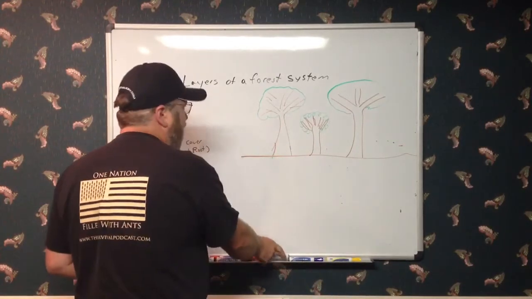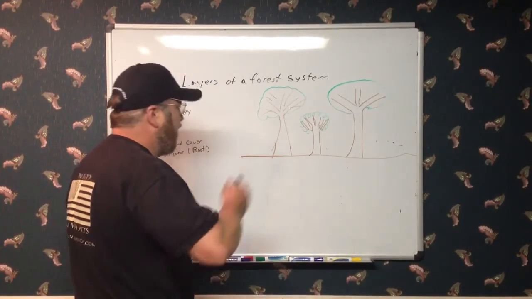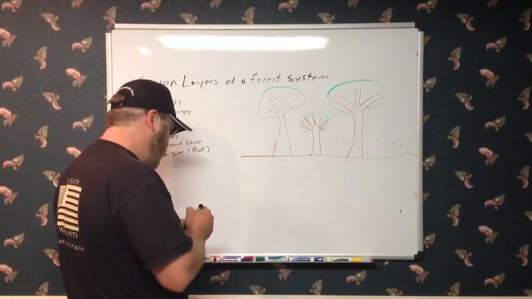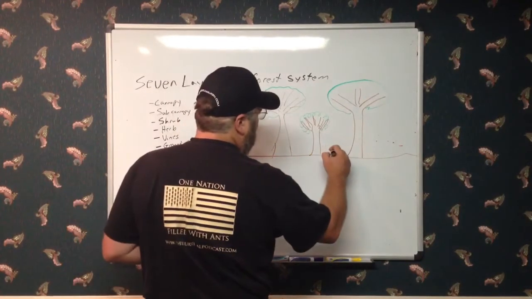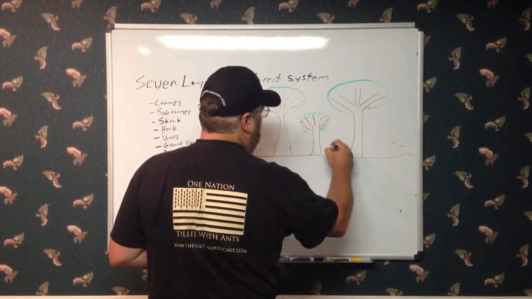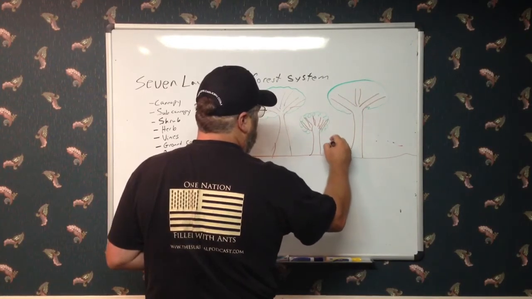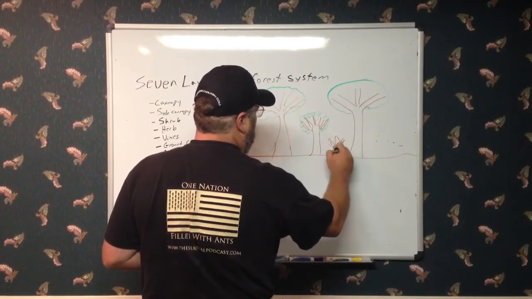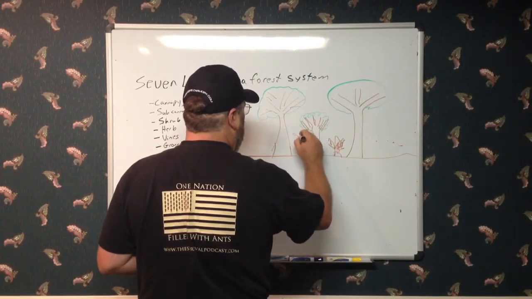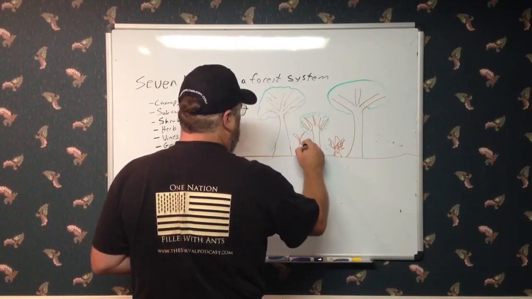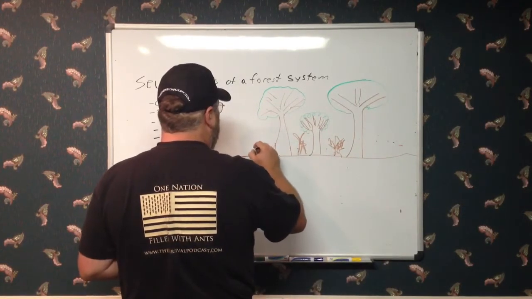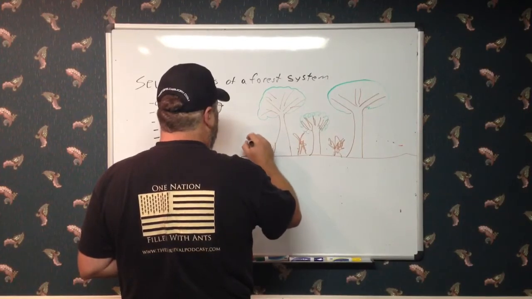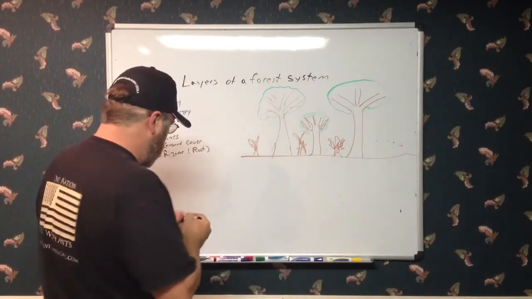What nature abhors above all things is a vacuum. So the next thing that might happen is we might start having some little shrub-like plants pop up here, right? So we've got some shrubs coming up. And they'll never be as big as even the subcanopy layer because they just don't grow that big. They grow much smaller.